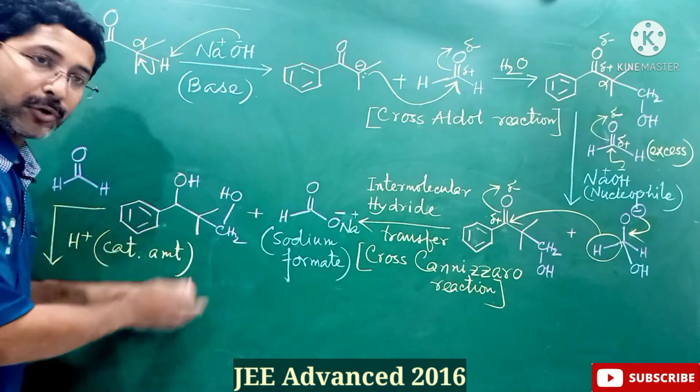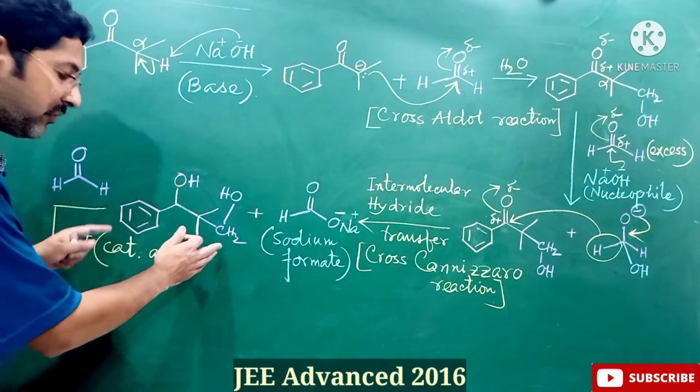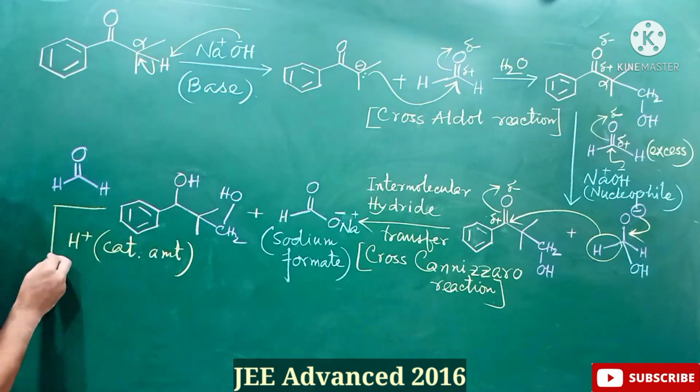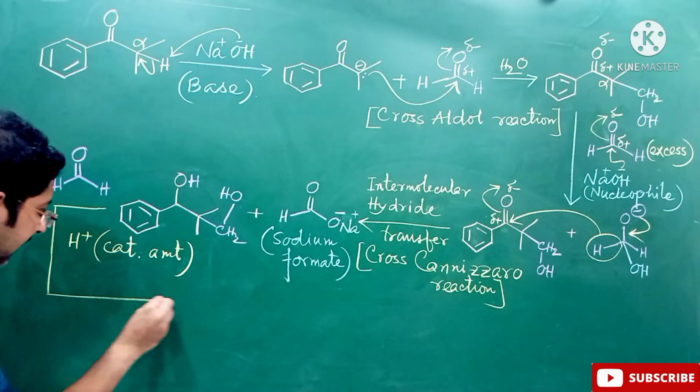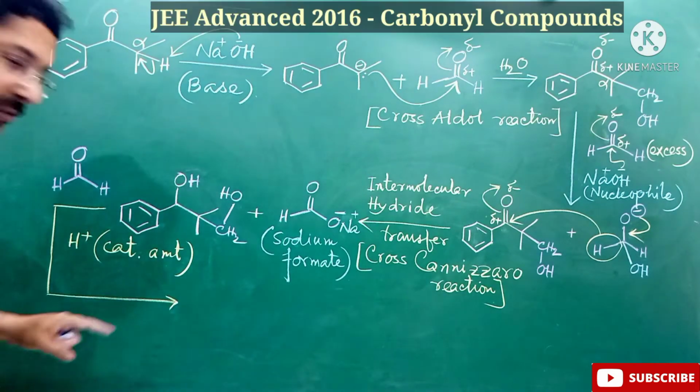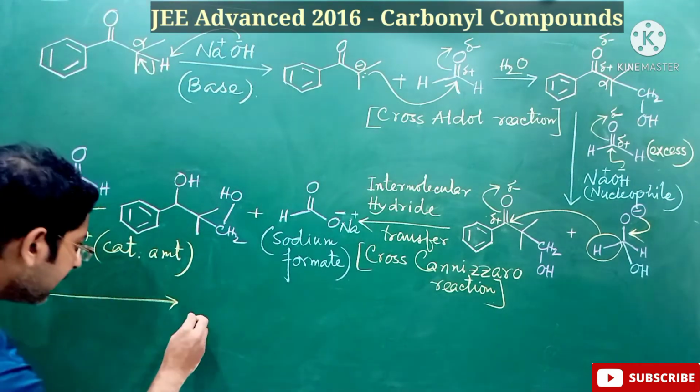Firstly I am writing the product and then I will give you the reference of this reaction, right. So I am writing the product over here. Some more space will be available here.